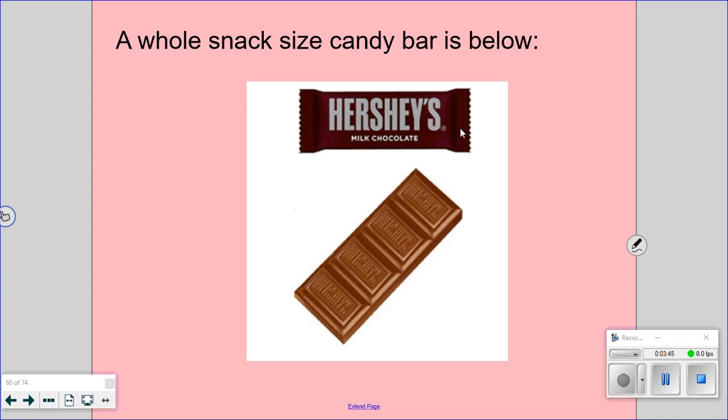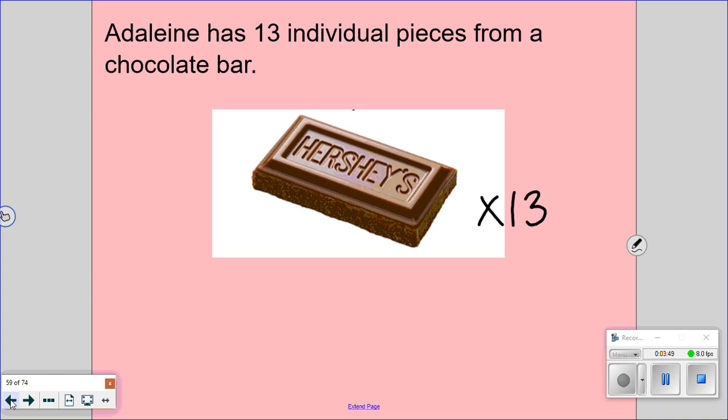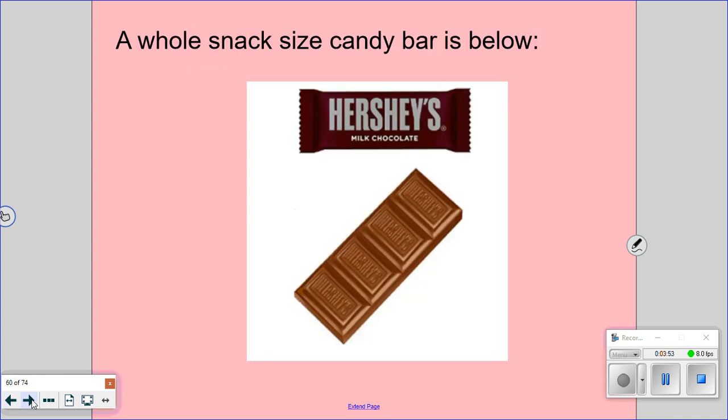Okay. Arik's noticing, hey, we just drew this one piece, right? And in a snack size bar, it's the same piece. Do you notice that? The same size piece, but there's 4 of them. So underneath that squiggle, go ahead and draw the same size piece you already drew.